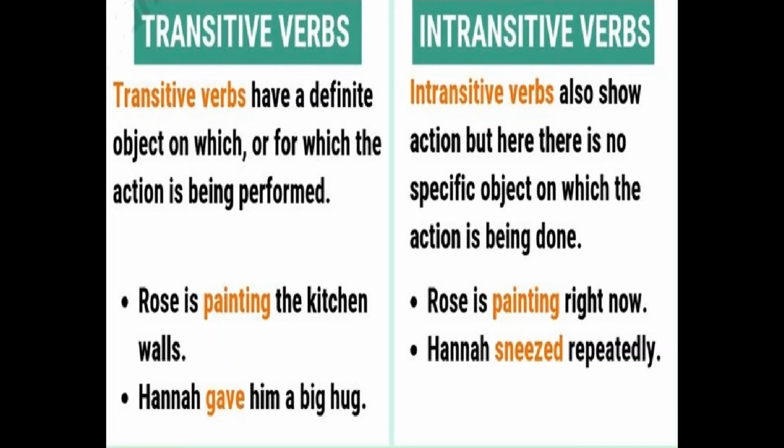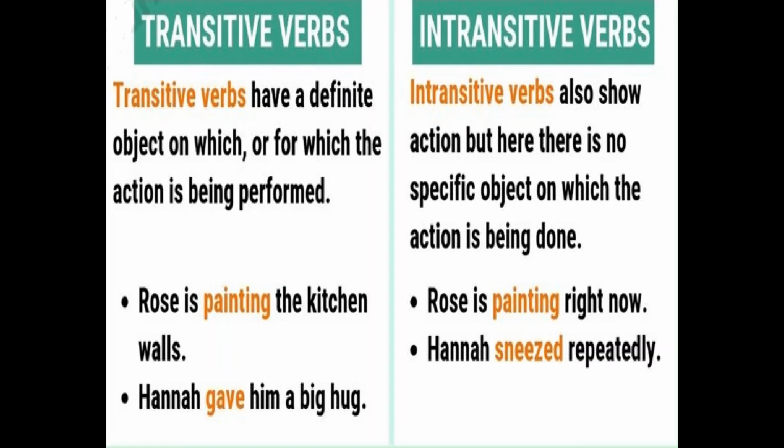Rose is painting the kitchen walls. What is she painting? The kitchen walls. So there is an object there, the kitchen walls. Hannah gave him a big hug. So here again you can see a double object. Gave what? To whom? Hannah gave a big hug to him. There also you can see a double object.